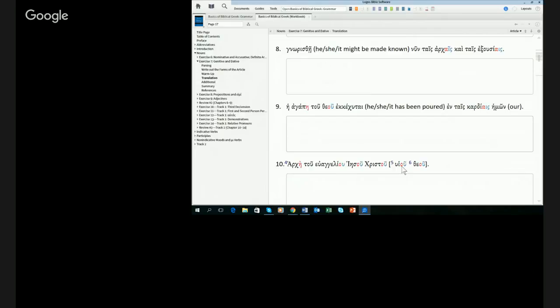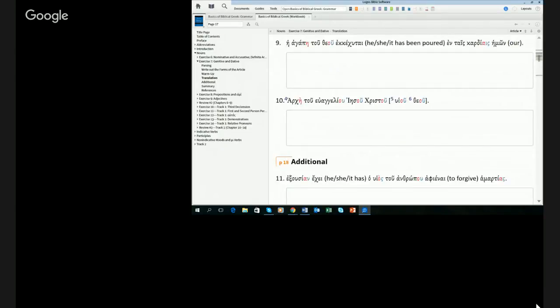En requires a dative, which is what we have, and then en plus the dative means in this instance. So en plus the dative, in our hearts. So the moment a noun is governed by a preposition, the preposition, not the case ending in and of itself, determines the meaning of that noun.